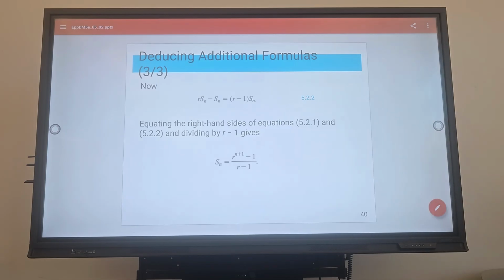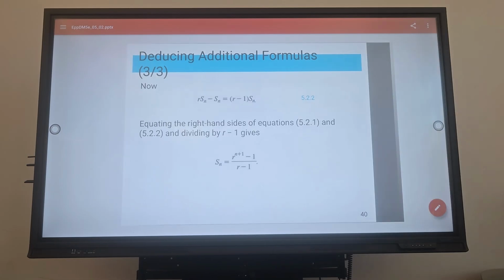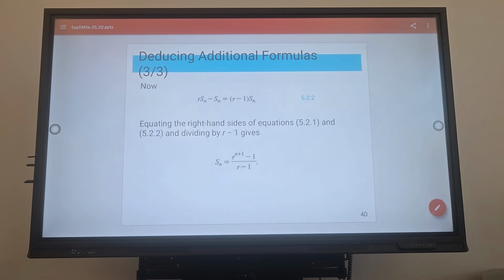Then by substitution, you get r minus 1 times S sub n equals r times S sub n minus S sub n.